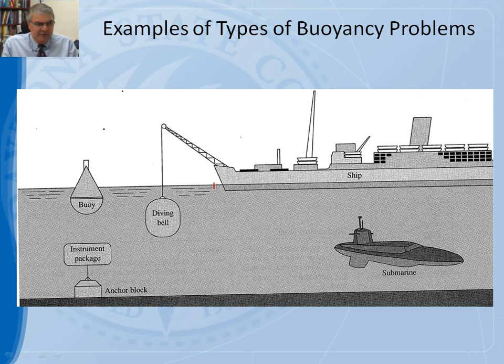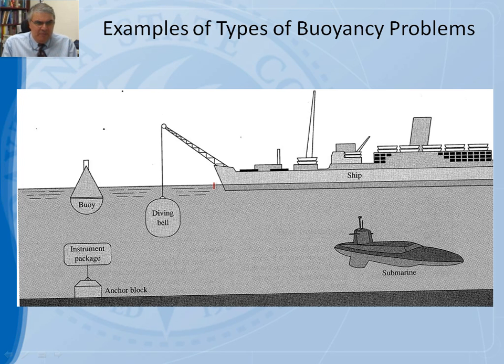So some examples of types of buoyancy problems that we would encounter in our professional life are presented here. A submarine is a good example. A boat or a ship is something that most of the people living in coastal areas are familiar with, including many people in Florida. Some of the offshore platforms are also anchored down to anchor blocks depending on the depth of the water.